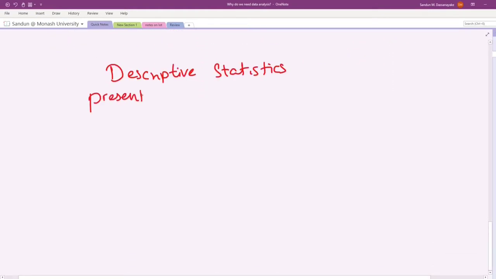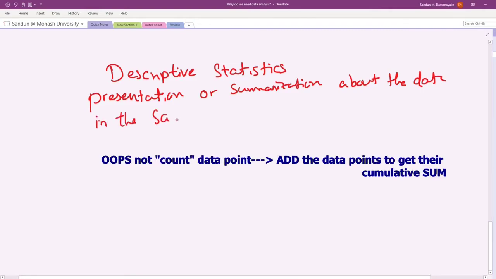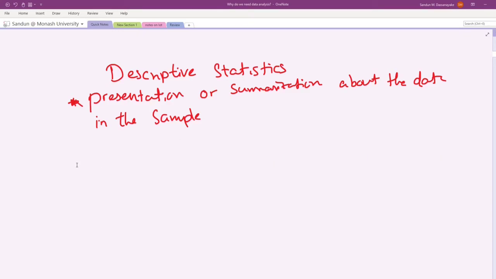In descriptive statistics, what we generally do is present or summarize the data in your sample. This summarization can be a mathematical abstraction like the average, where you add up all the data points and divide by the number of data points to get an average, some measure about the sample that describes the sample.